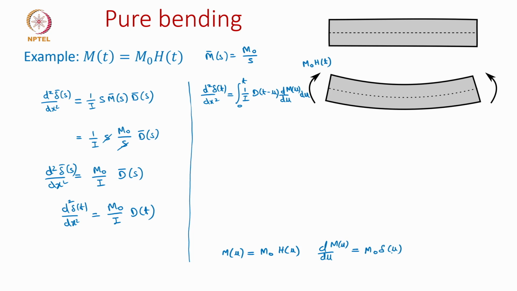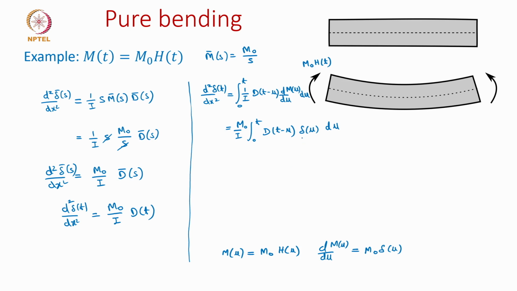Okay. So, let us substitute this into the integration. So, let us bring this 1 by I out of the integral. So, D of t minus u times M naught as well we can take it out of the integral because it is a constant, then what is left out is this Dirac delta function.